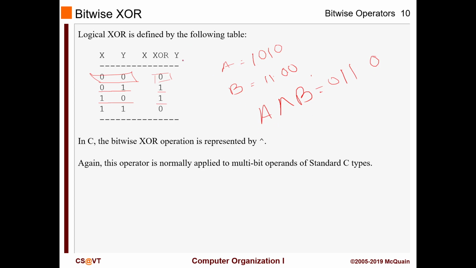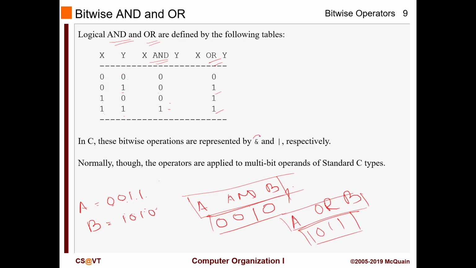Another thing to point out is the XOR operand looks like this in C. This is not to the power of like what you usually use. The caret in C works like this. Another thing I forgot to mention, the AND operand is an ampersand, and this operand is the or.